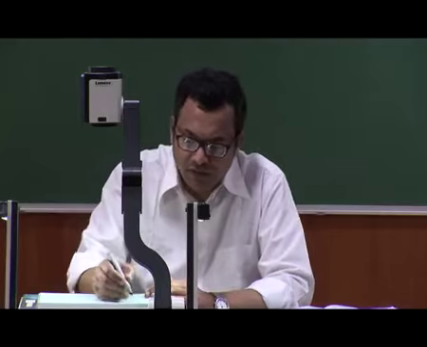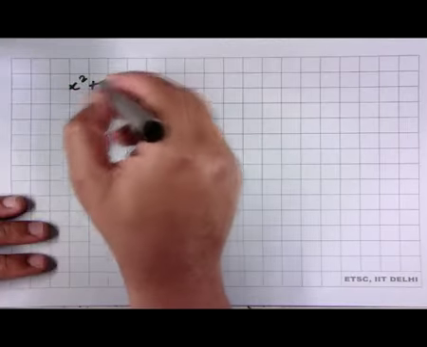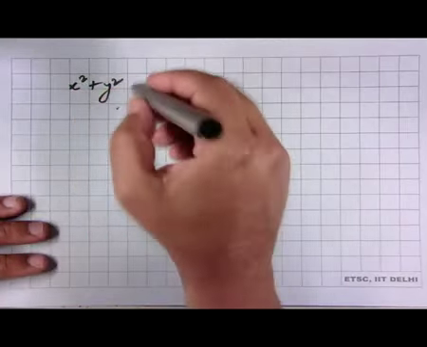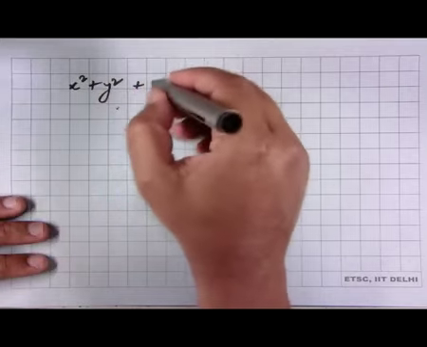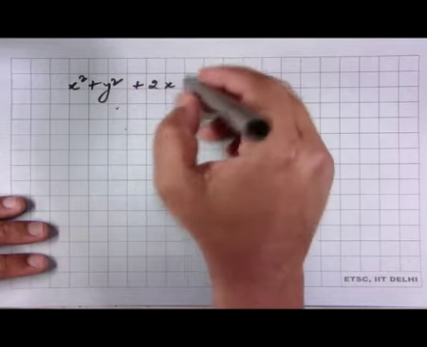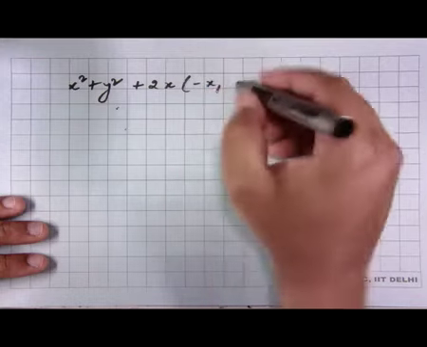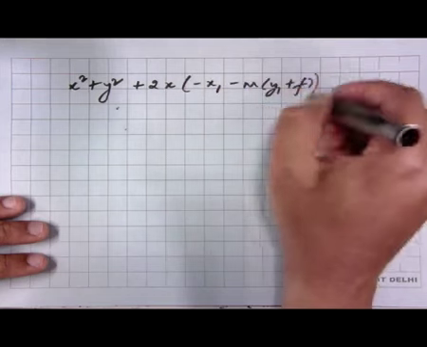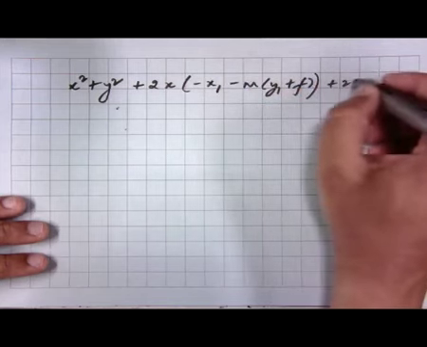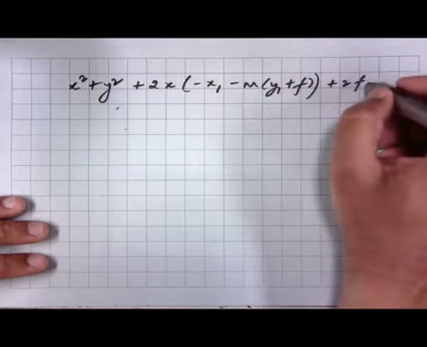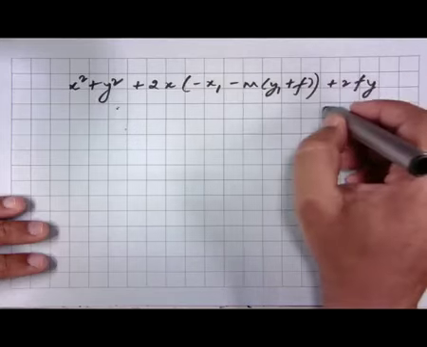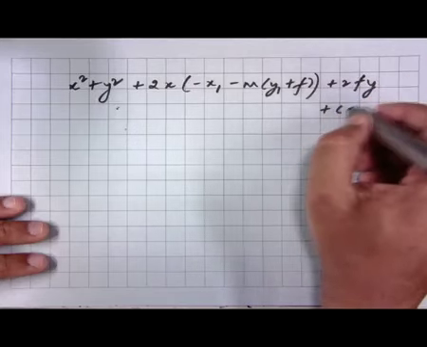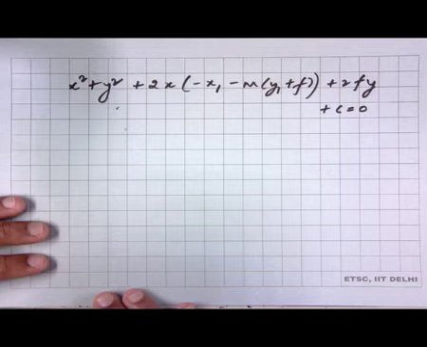So, when we do that, what we get is x square plus y square plus 2 times x times g. So, instead of g we use the derived expression, which is this, plus 2 times f times y plus c equals 0.